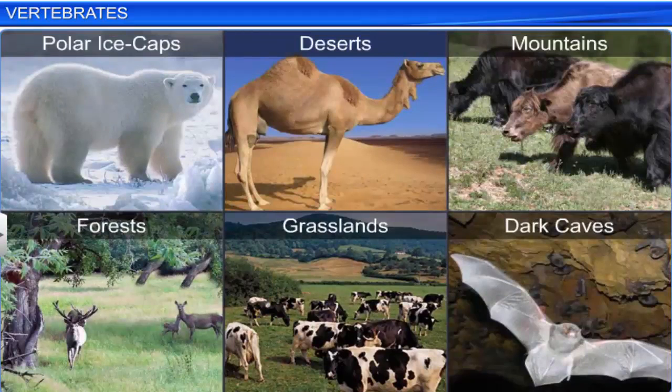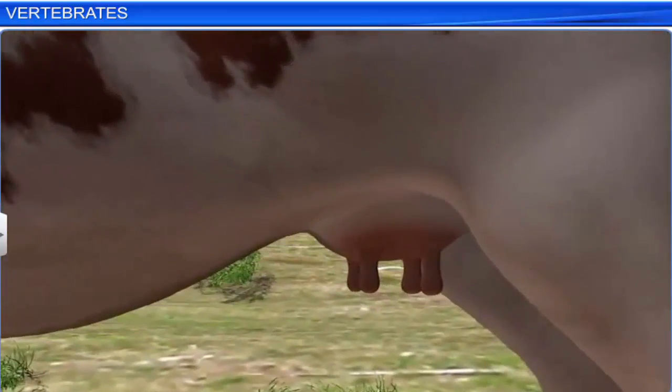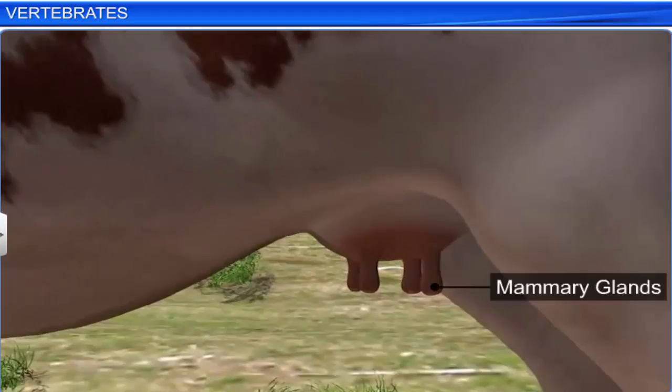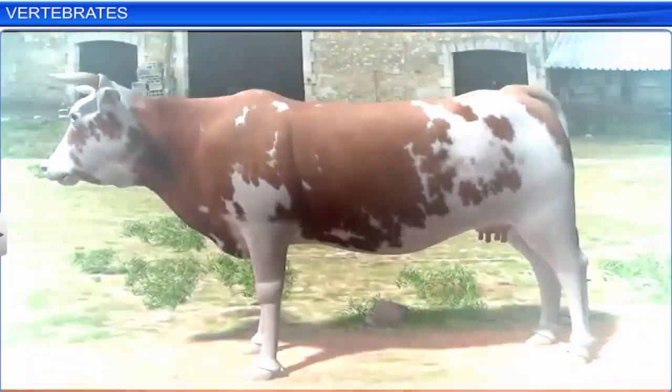Mammals are found in a variety of habitats: polar ice caps, deserts, mountains, forests, grasslands, and dark caves. These vertebrates have certain unique features such as mammary glands, which produce milk, and hair on their skin.